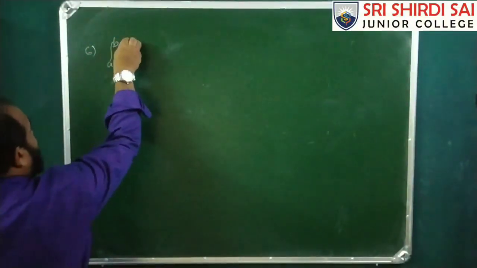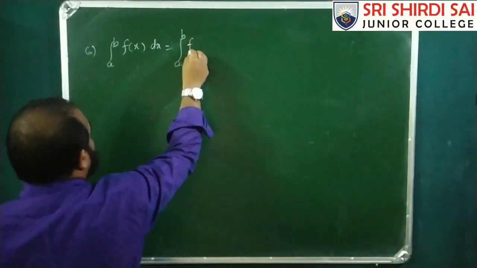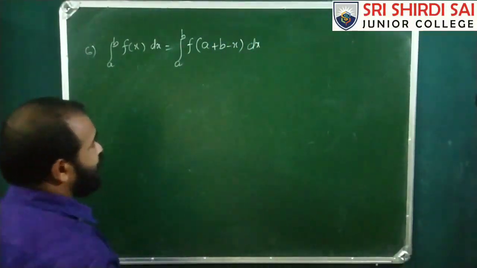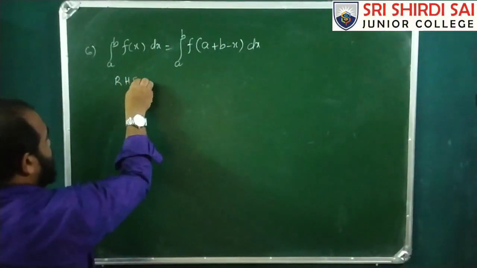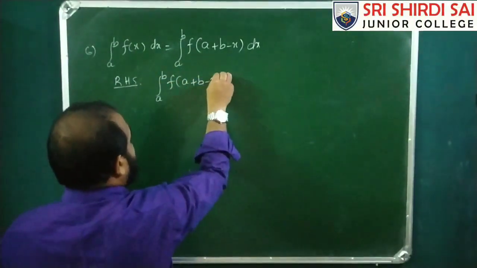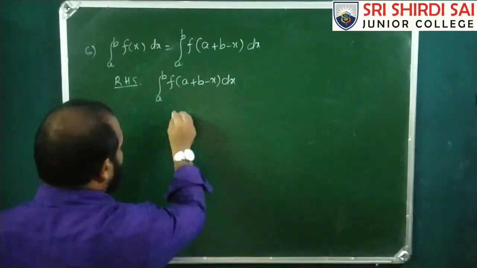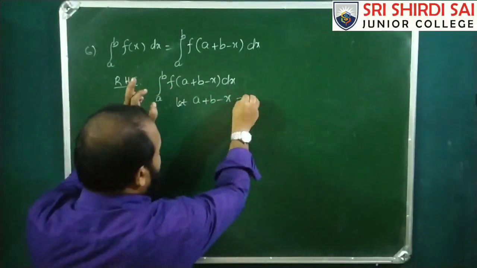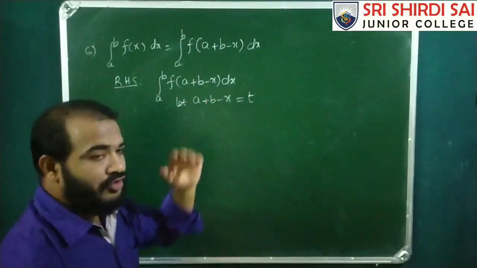Integral a to b f of x dx is equal to integral a to b f of a plus b minus x dx. As usual, let us consider the RHS. So integral a to b f of a plus b minus x dx. I have taken a plus b minus x to be t. I am replacing this with t.